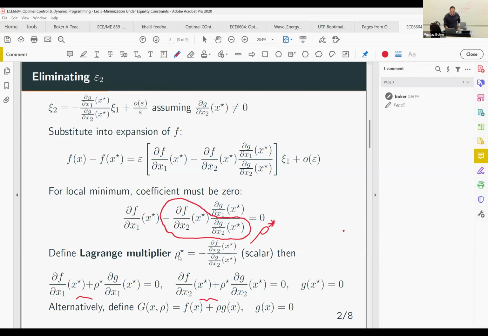So keep in mind that we have rho and then we have rho star. Rho star is the Lagrange multiplier. It's the optimal scalar value that solves the problem, right?